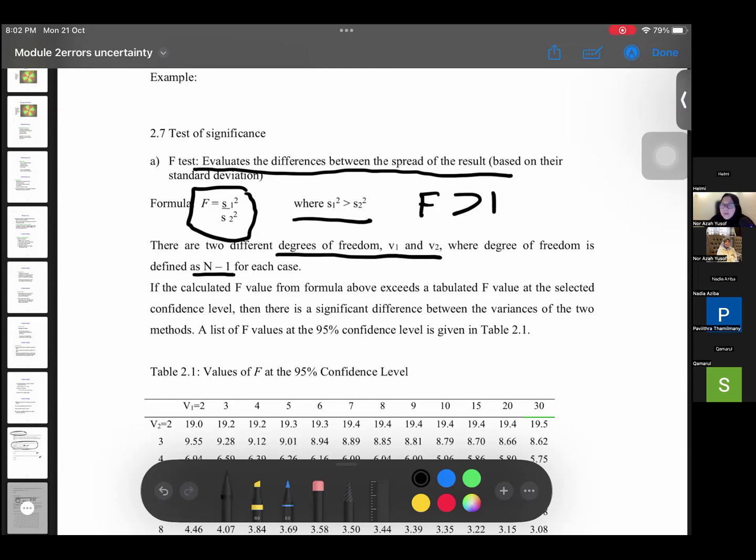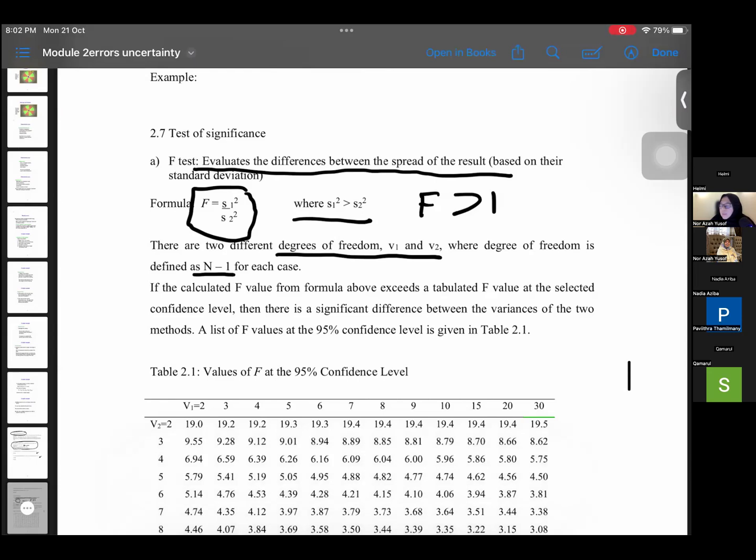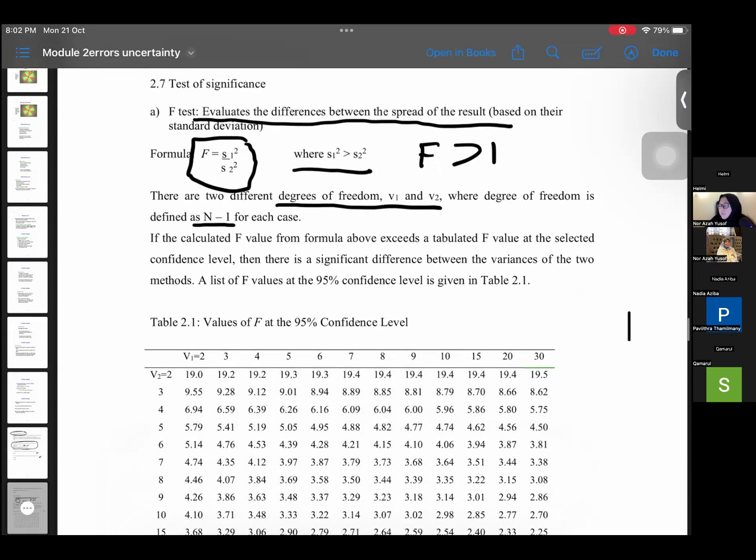But it's very important, because whenever you do analysis, let's say you want to validate against the standard material, for example, we can do this analytical statistical test.